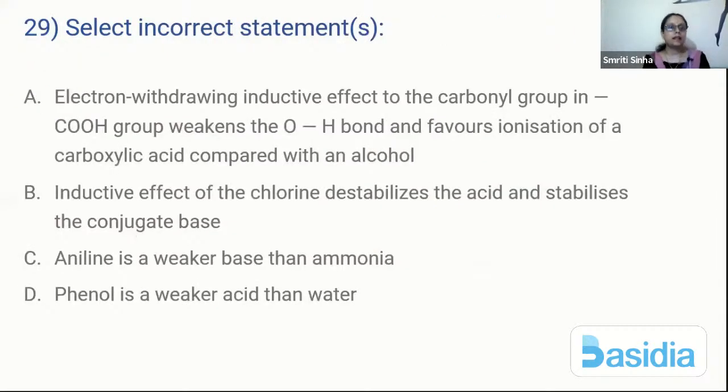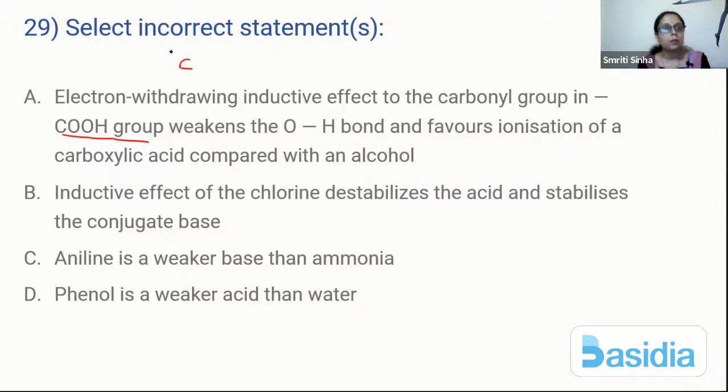Next, select the incorrect statement. So first, the electron withdrawing inductive effect of the carbonyl group of the COOH group weakens the OH bond and favors ionization.